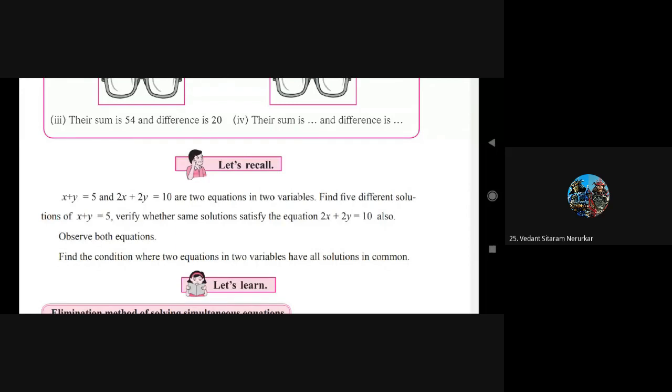तो क्या करना है हमें एक्टिविटी? So see, पहला जो है हमारा इक्वेशन that is x plus y is equal to 5 है. So x plus y is equal to 5 के लिए tell me the two solutions. Tell me two solutions for x plus y is equal to 5.